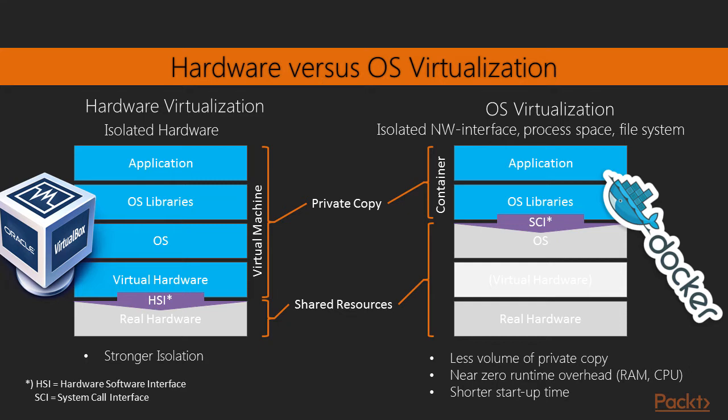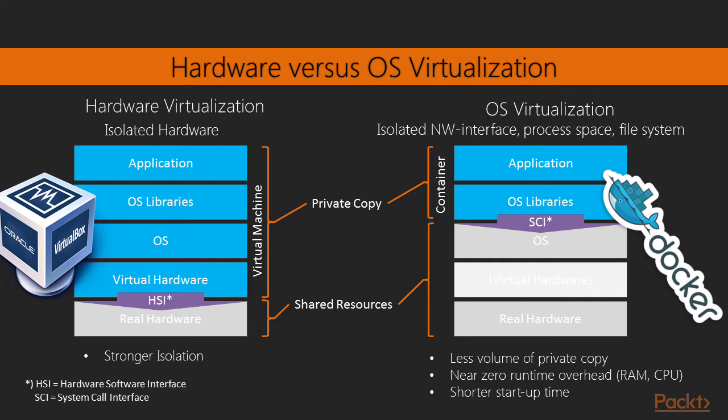The difference now is operating system virtualization, and Docker is OS virtualization. Here, you only have operating system libraries and your applications, and this builds the so-called container. Now this container runs on your host operating system that then provides access to maybe virtual hardware or real hardware.